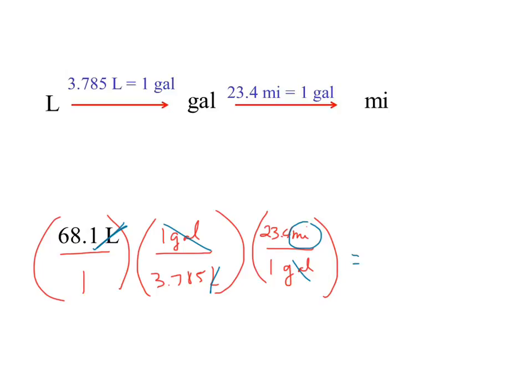Can somebody tell me what their calculator displays? 421.01? Oh wait, the top one, sorry. I have to do the top and write that number down and then divide it.